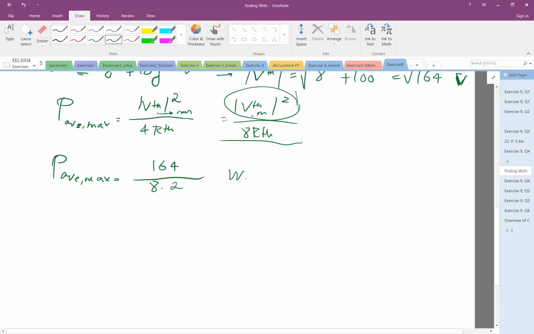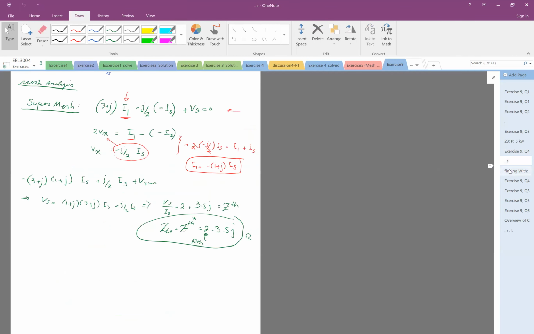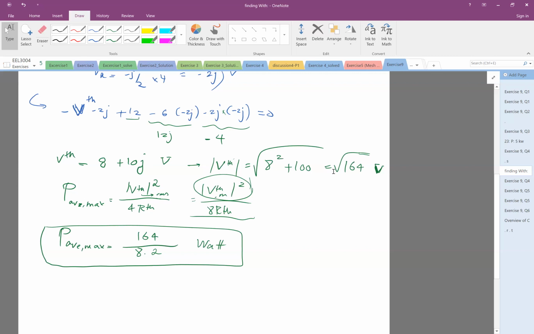Then again, going back to here, as you see, the I was given in terms of the maximum. 4 is the maximum. There was no RMS at all, right? Because I started with that, everything would be in terms of maximum. That's why here that is the maximum. This is the Thevenin itself, and then I will use this formula.